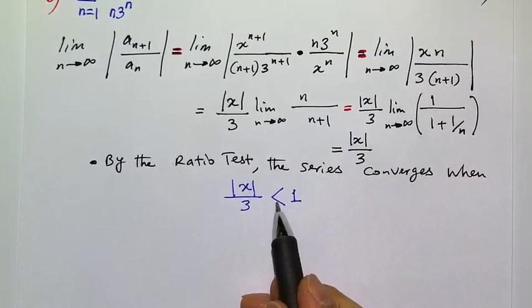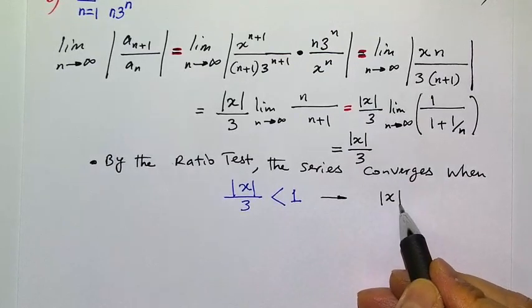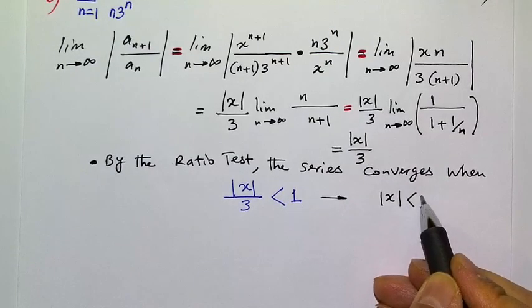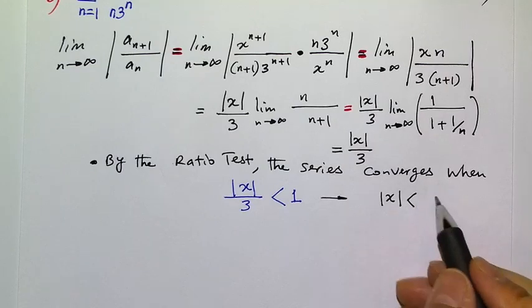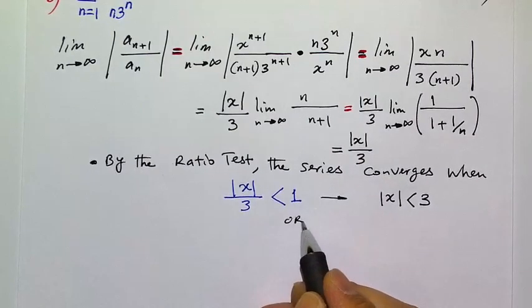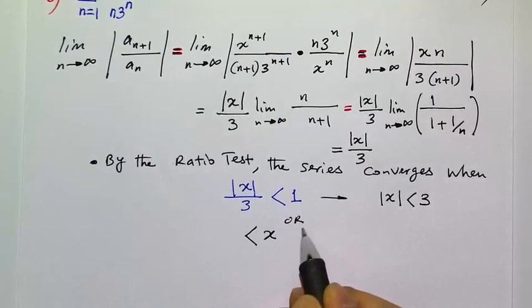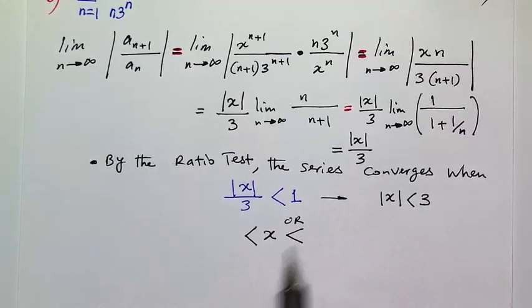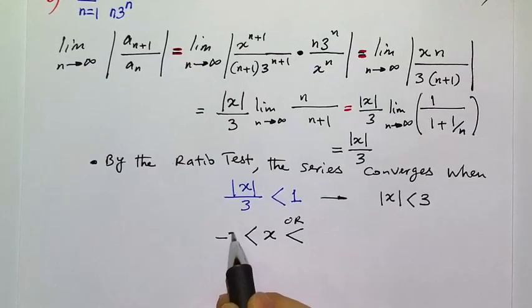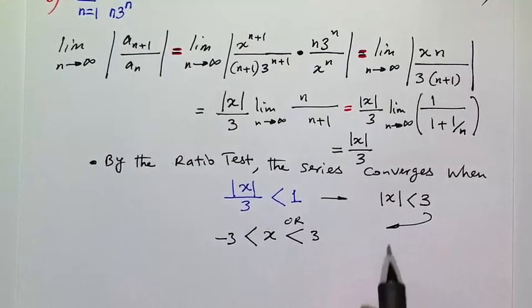So this tells us that absolute value of x should be less than 3, or we have x from -3 to 3.